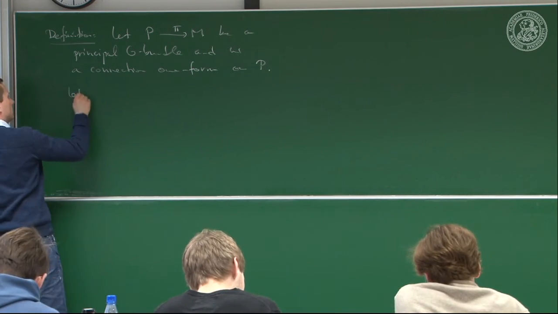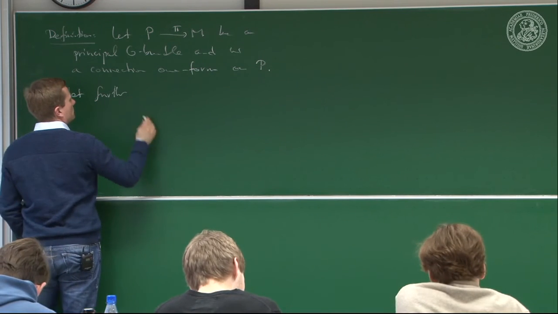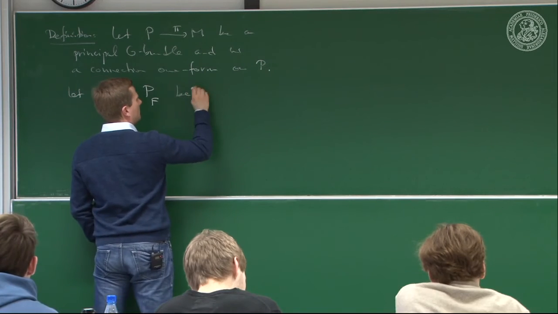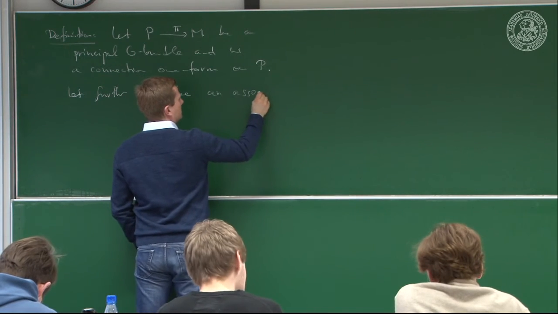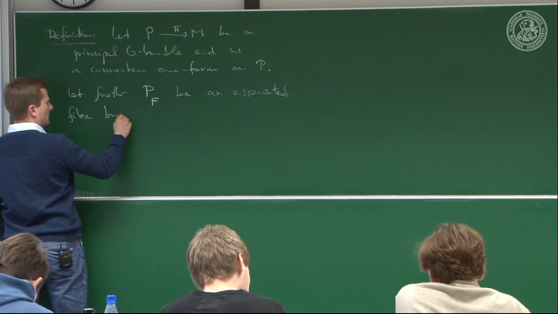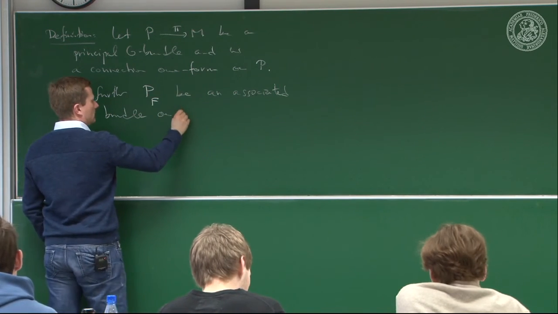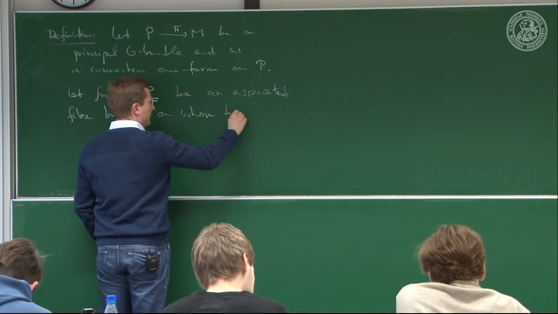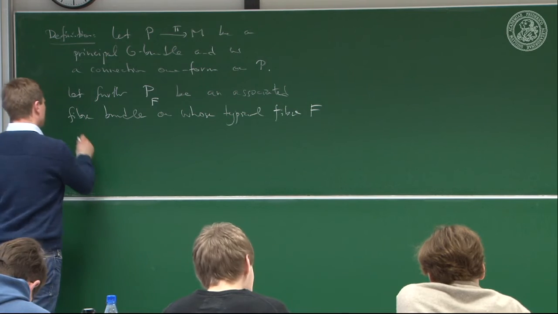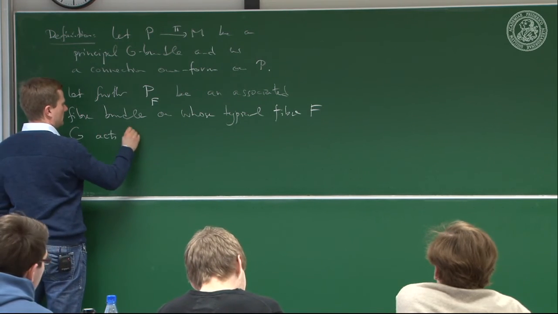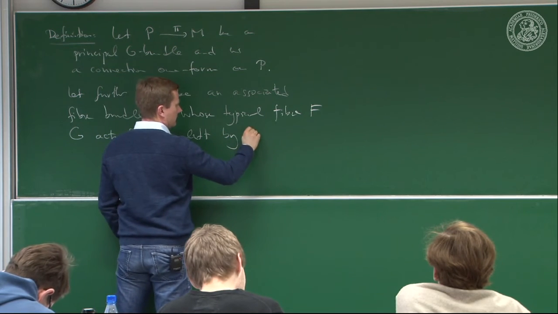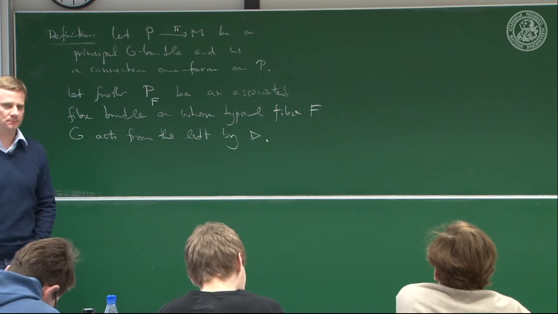And now let further P sub F be an associated fiber bundle on whose typical fiber F the group G acts from the left by this object, by this action.